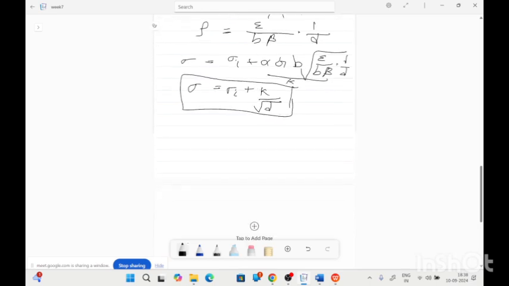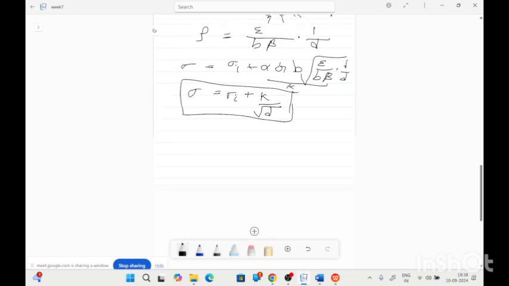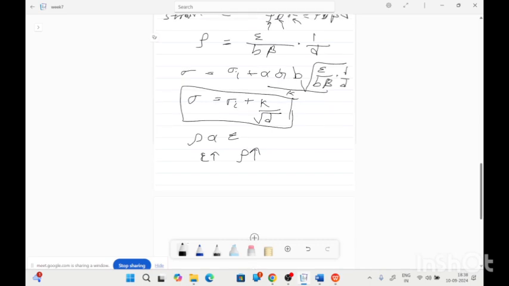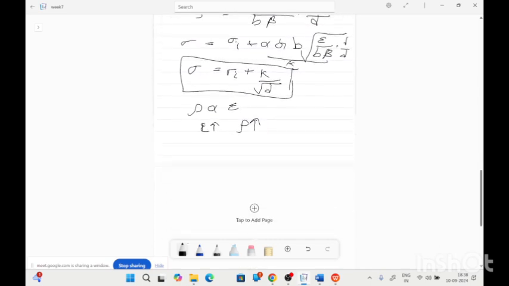From this equation, rho is directly proportional to the strain, so if strain is increased, dislocation density will also increase. And in the initial method, if the grain diameter decreases, then dislocation density increases.